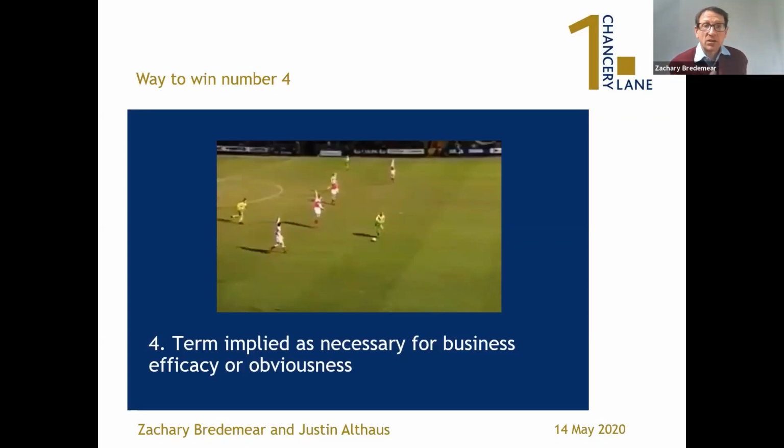And this isn't really the place to talk about that, but the point to make is that in order to determine whether the contract has been frustrated, the court has to go through a very similar process as it does when implying a term, because the court has to ask itself, have the circumstances which have arisen required a performance of a contract which is so radically different from what the parties have agreed that it wouldn't be fair to hold the party who has to perform to the terms of the contract.